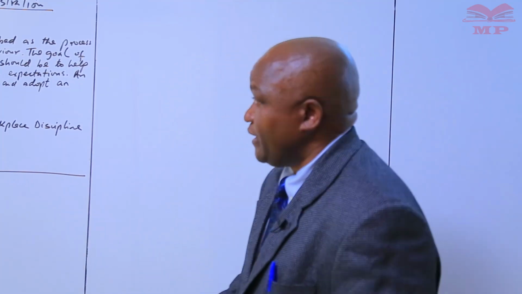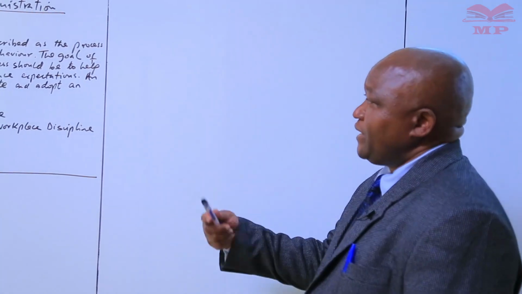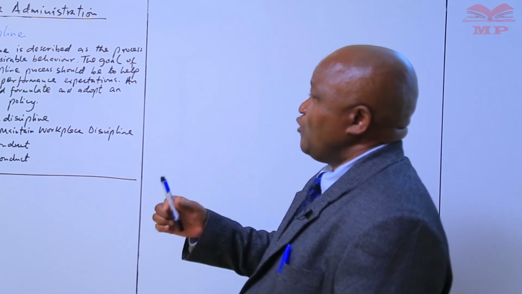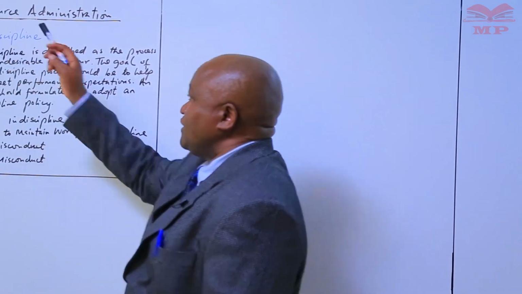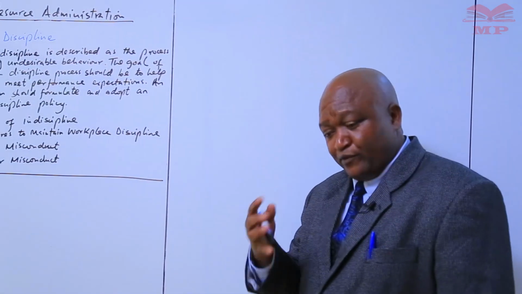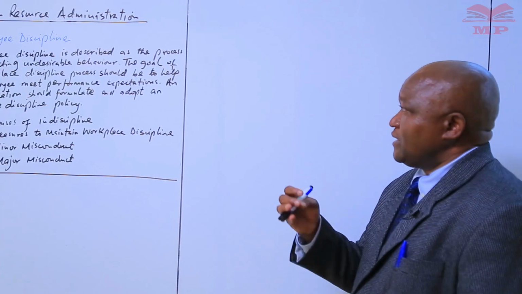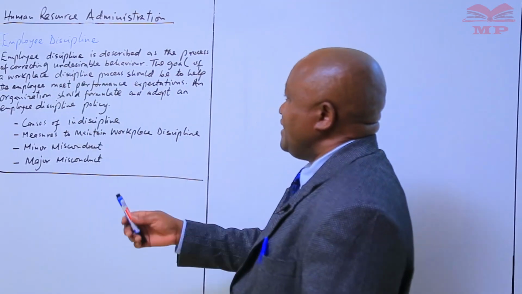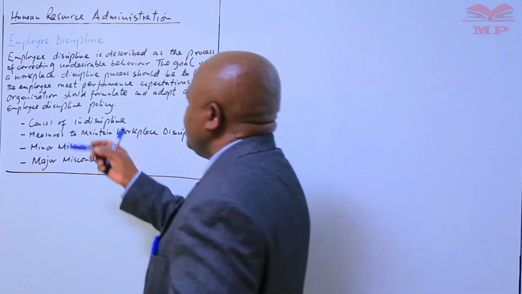So in our topic today, which is an interesting area in human resource administration, we are going to look at employee discipline. Employee discipline is described as the process of correcting undesirable behavior.